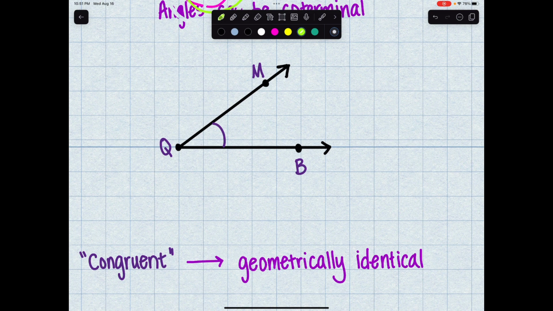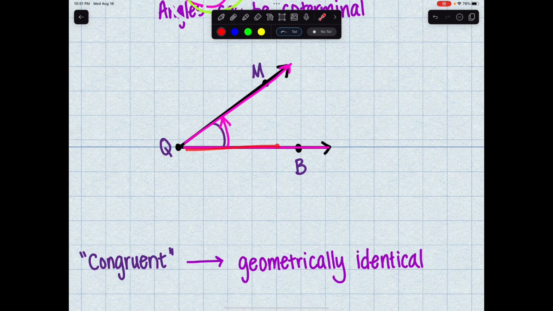They're just showing the difference between these two angles. Let me show you one more time. The initial side is B, the terminal side is M. So there can be two angles formed with this initial side and this terminal side. You could start here, move that short distance and end up here.